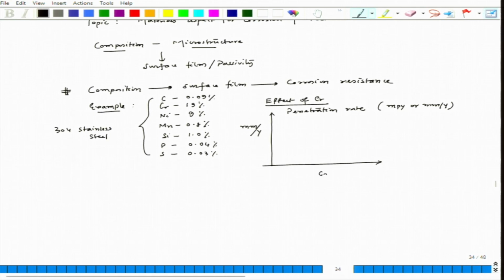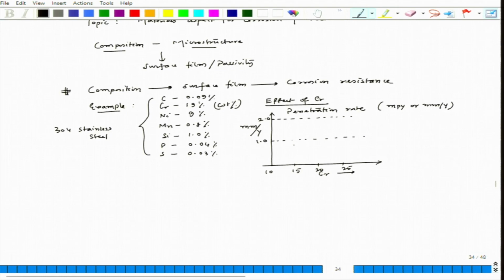Now, if we talk about chromium content, it is increasing this way. Remember these are all weight percent. So, we have 10, then 15, then 20, then 25, and the penetration varies like this: 1.0, 2.0.